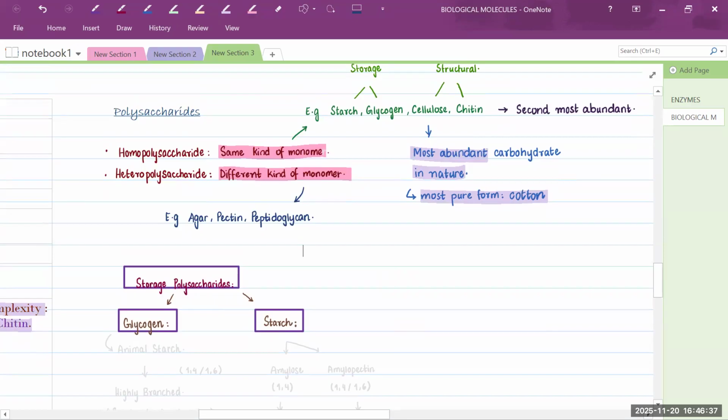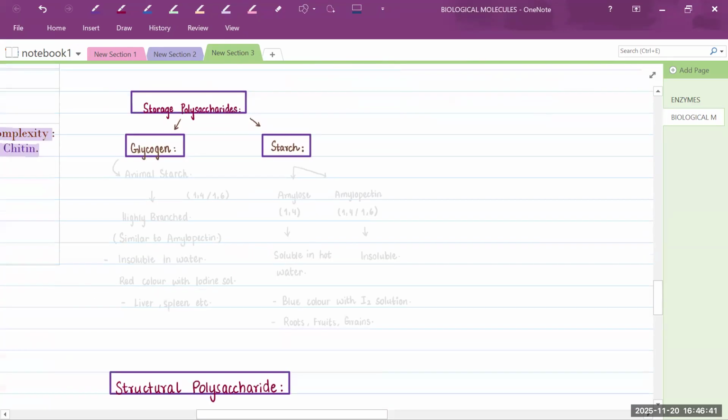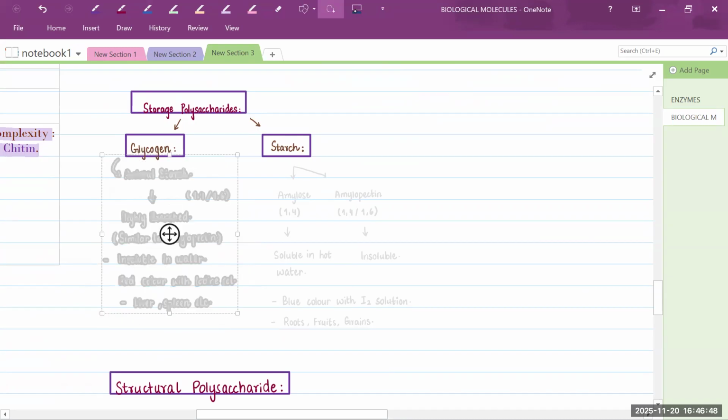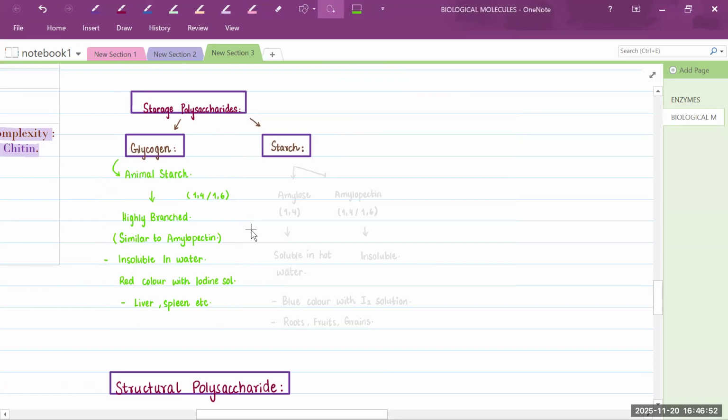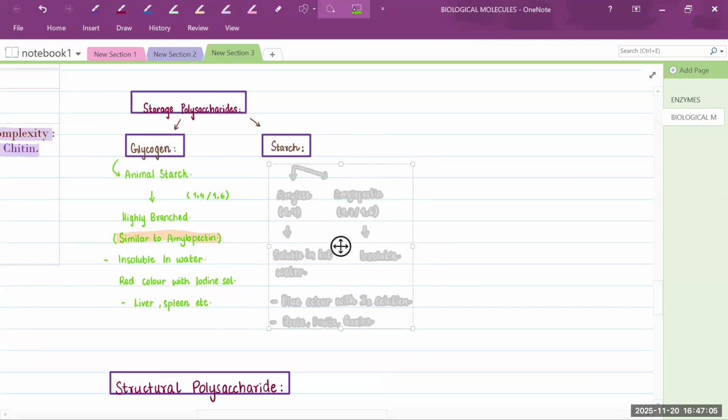Moving to the storage polysaccharides, which are starch and glycogen. Here we can see glycogen is also known as animal starch and it is highly branched, similar to amylopectin, which is a component of starch, as we can see here.